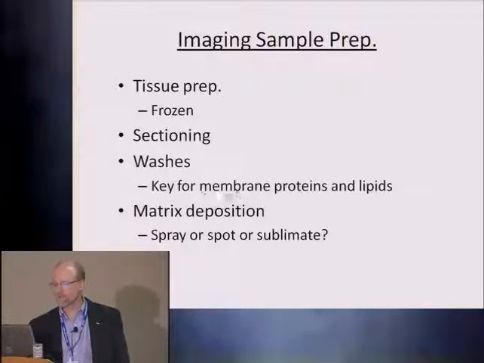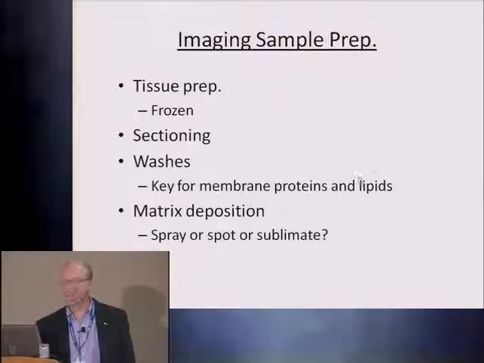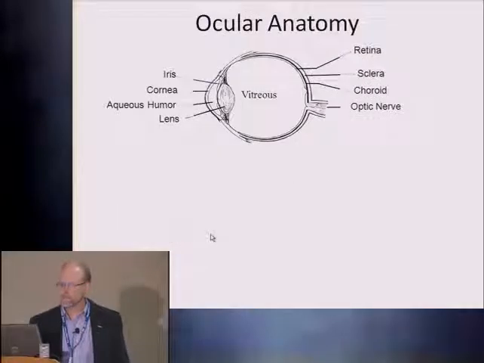So the washes are very, very key for membrane proteins, as you'll see. And then in answer to Steve's question of just a minute ago, we use ammonium formate or ammonium acetate washes, which coalesces the lipid signals down to mostly the protonated form and increases our signal intensity for any given lipid species. And I just mentioned how we apply the matrix.